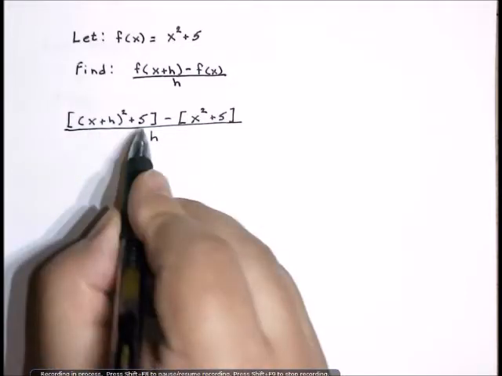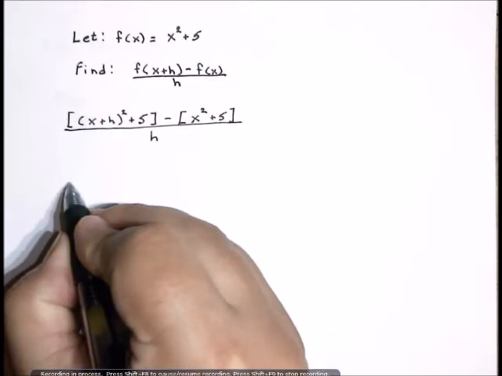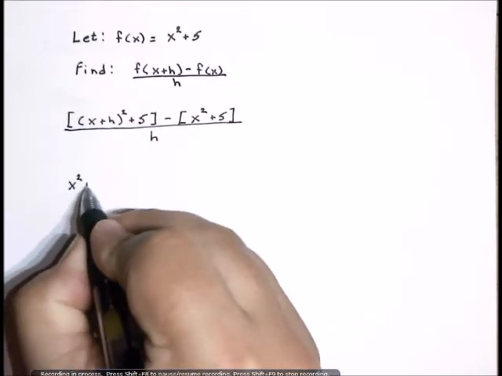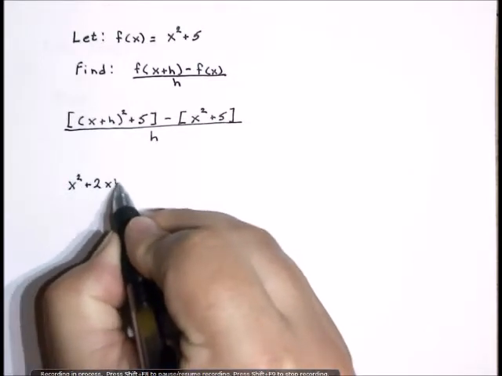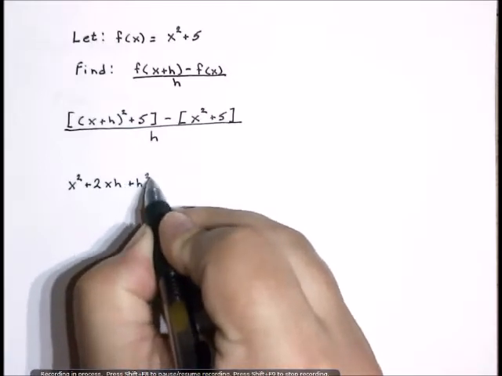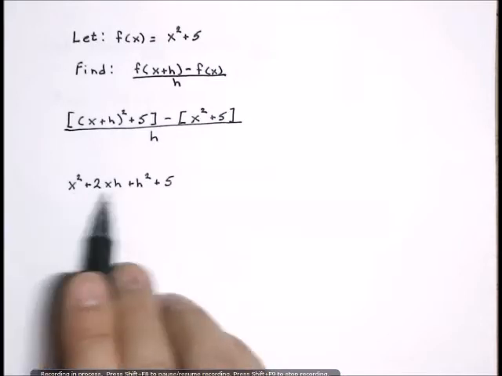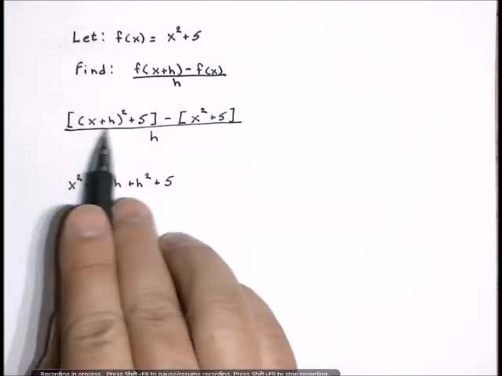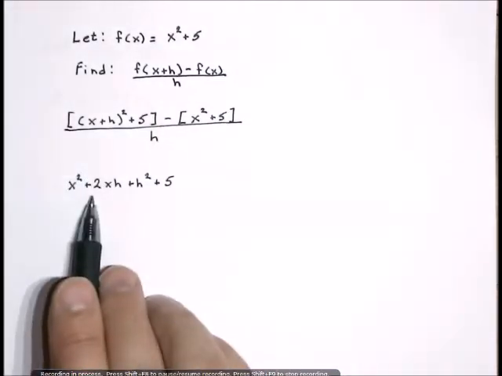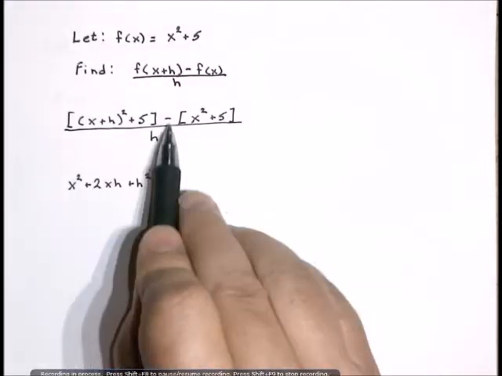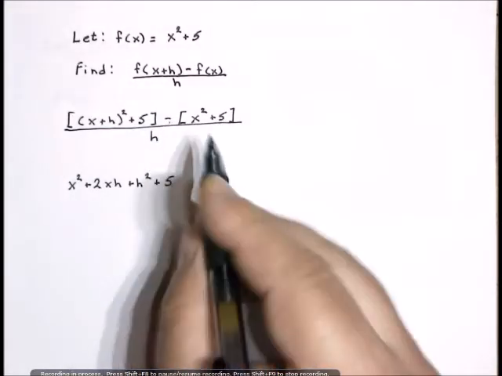Now what I do is expand this out. And if you're wondering where I got that, I just FOILed out x plus h. So this is x plus h times x plus h. Now I'm going to distribute this minus over these two terms.